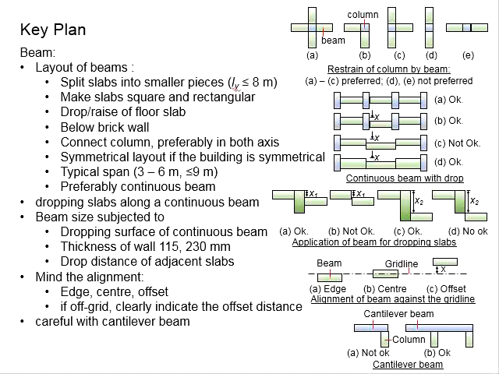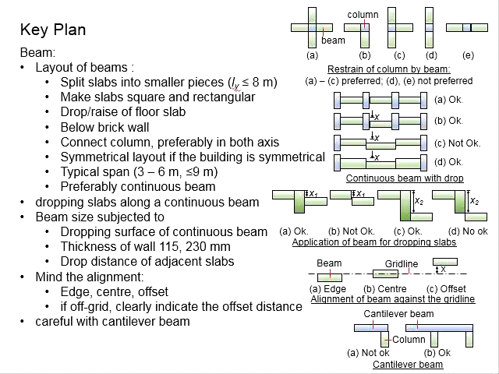In resisting the moment, of course the beam is more effective due to its advantage of the larger possible depth. Therefore, you may use the beam to split the slabs so that the weight of the slab can be transferred to the beam and let the beam withstand the moment.